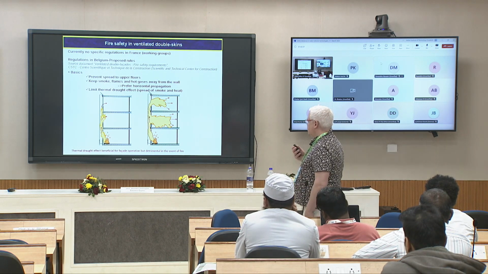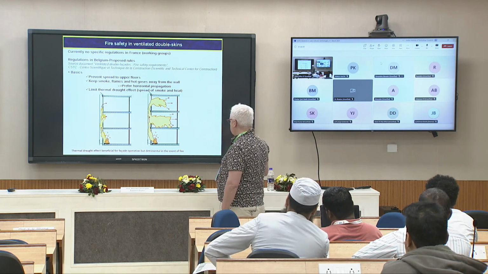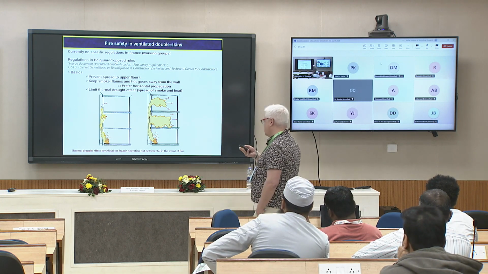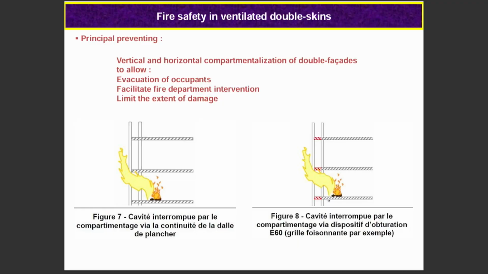So we also designed something that, in terms of fire, could contribute to stop the fire or to cut the airflow. So this has some separators. We have tested some separators that could close between each floor.